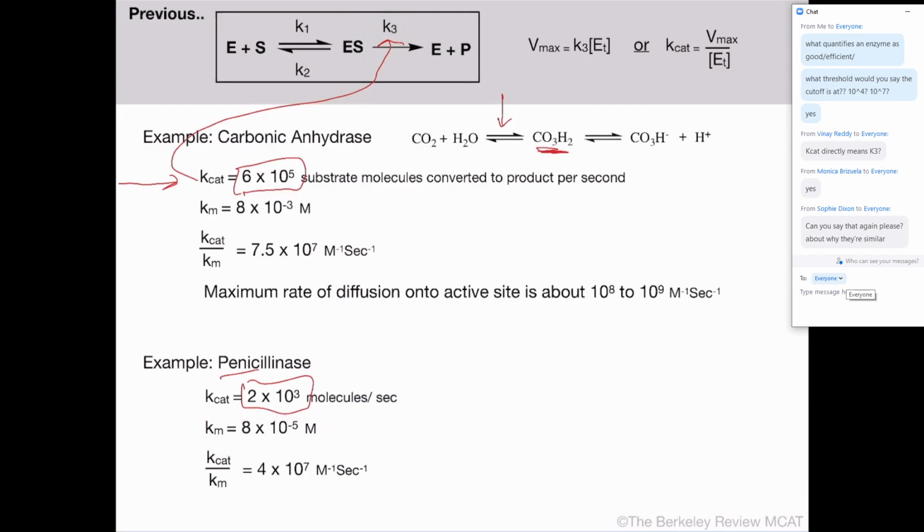Which means that penicillinase has a much stronger enzyme substrate complex. They bind much stronger together. You're more likely to see them in this state, the enzyme plus substrate, okay? And so it's that ratio of Kcat to Km that determines an enzyme efficiency.